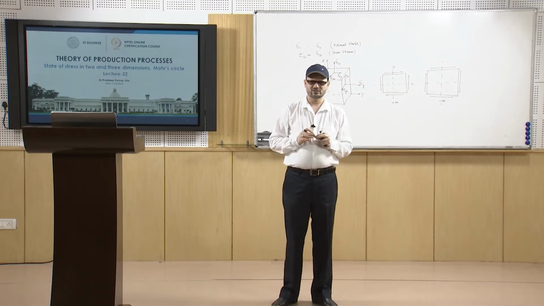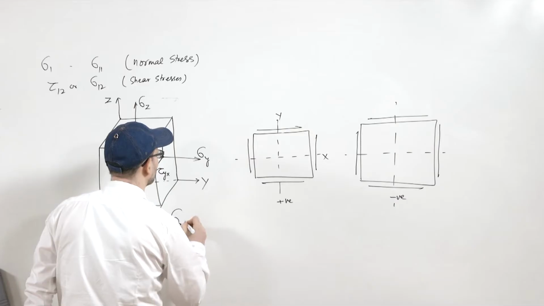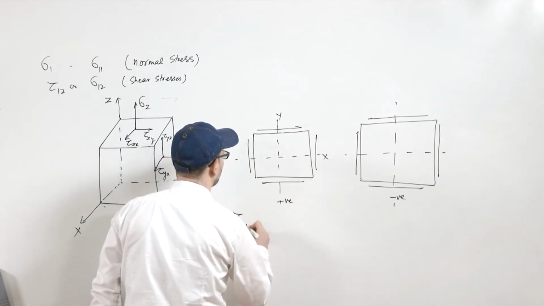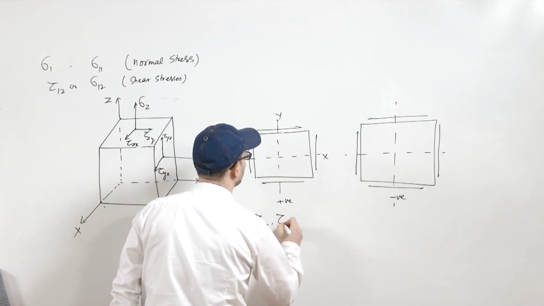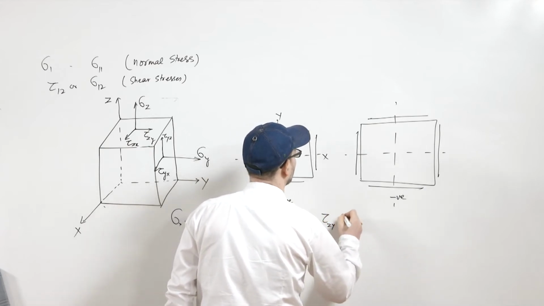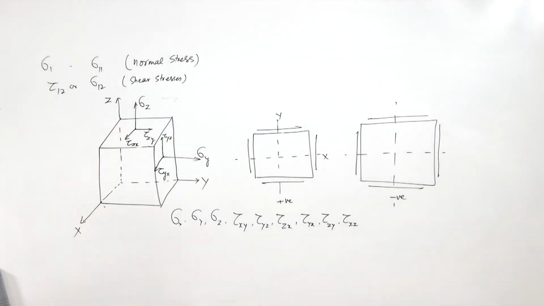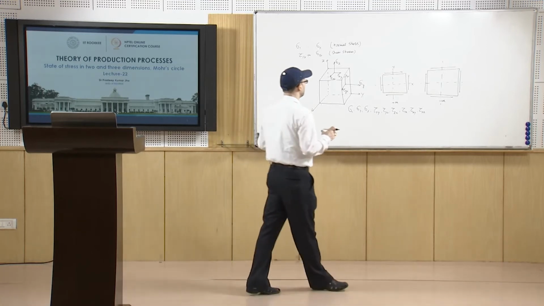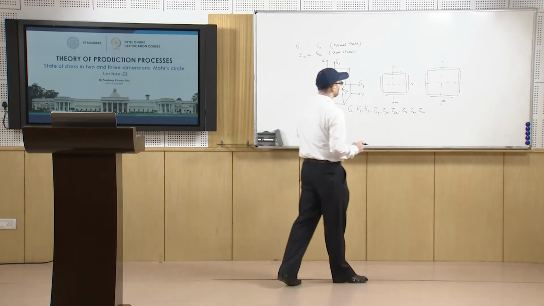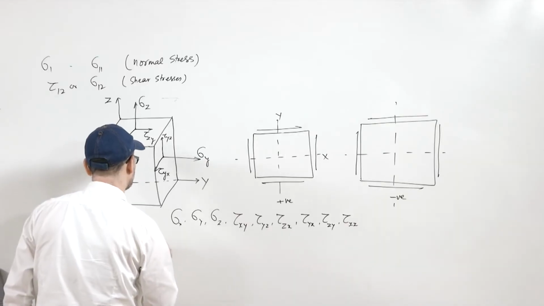So, these 9 components are sigma x, sigma y, sigma z, then tau xy, tau yz, tau zx, tau yx, tau zy, tau xz. That way you have the 9 components. However, if the element is considered to be very small, and if you do the force analysis, then you come to the conclusion that tau xy can be proved to be equal to tau yx.